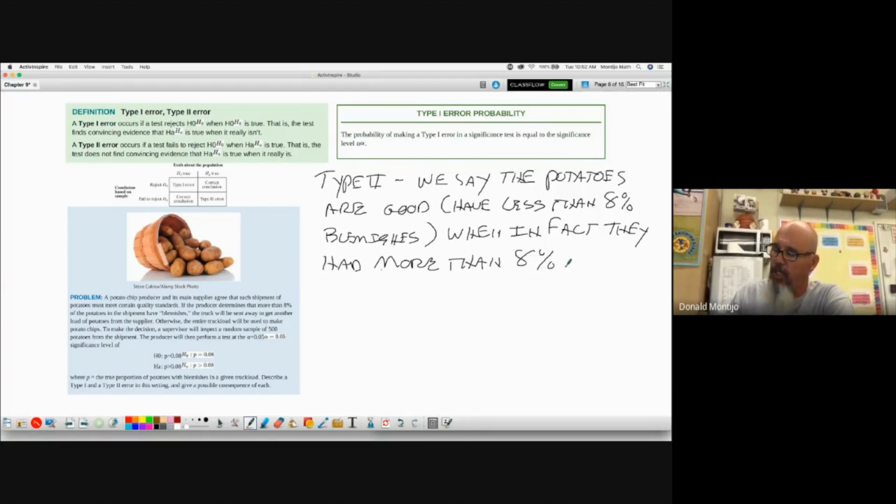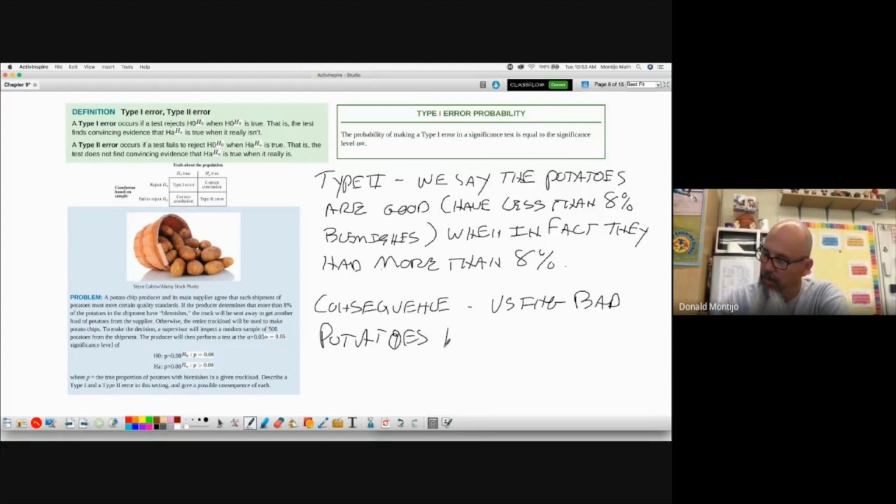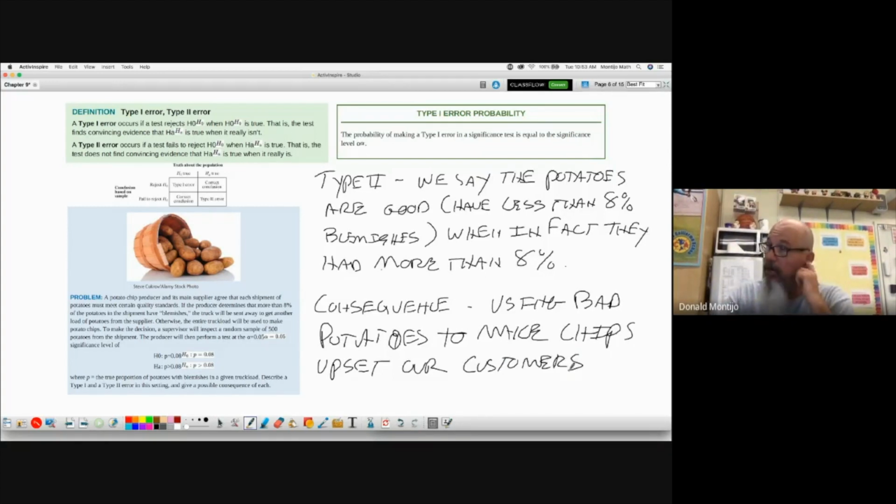Okay. So the consequence of a type 2 error is using bad potatoes to make our chips, which is going to upset our customers, costing us lots of money and possibly our entire business.